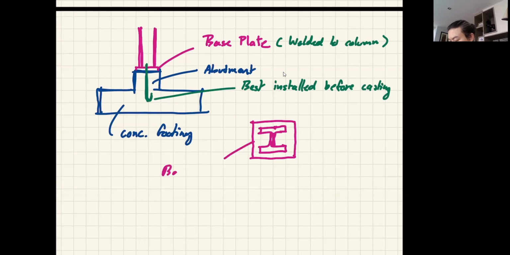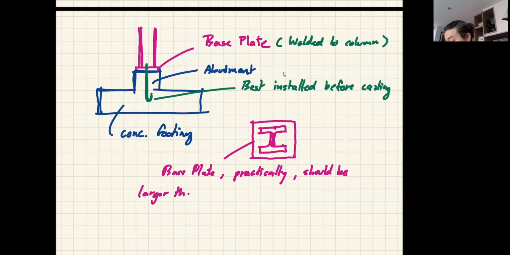So the base plate, practically, should be... not greater, bad word. Should be larger than the column footprint.